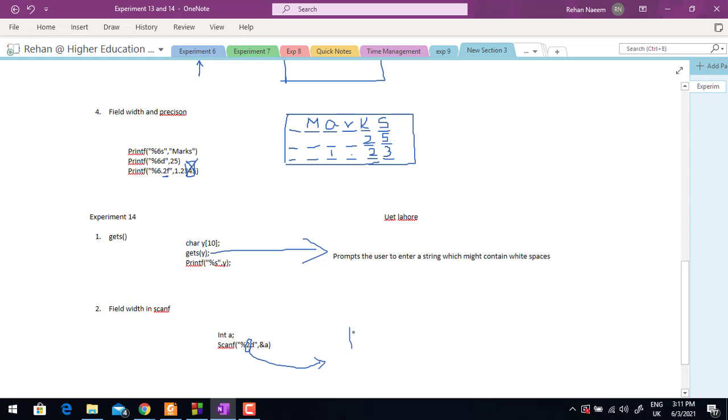So if I enter 123, only 1 and 2 will be stored in a. 3 will be discarded. Only the first 2 digits will be considered.